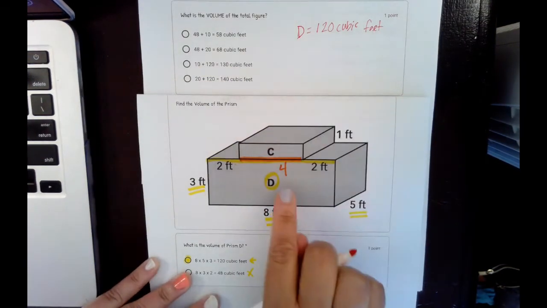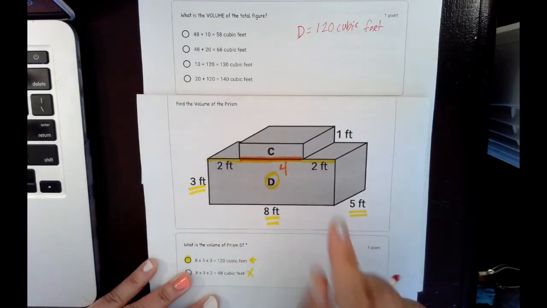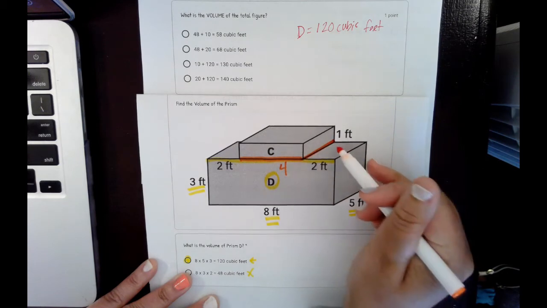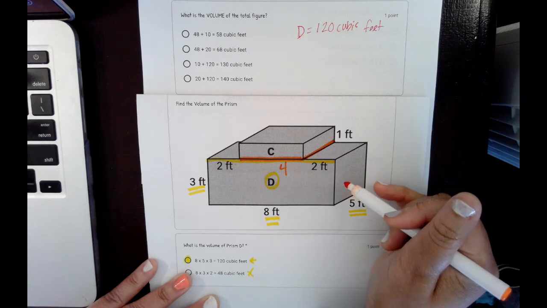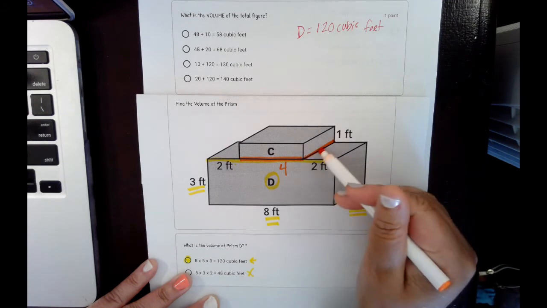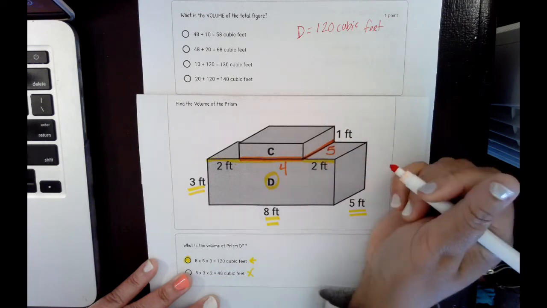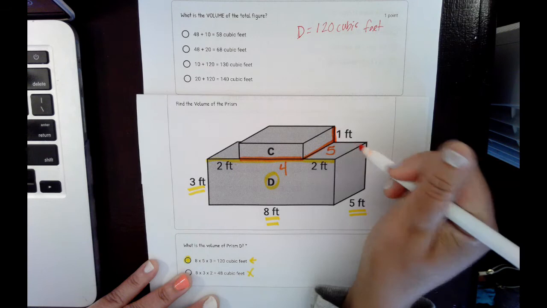Because 4 plus 2 plus 2 makes 8, okay? The width, right here, is the same as the width of figure D. We can see it goes from the front to the back, same. So it's 5 feet. And the height, it says right here, is 1 foot.